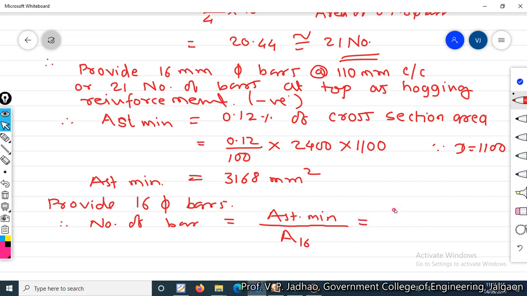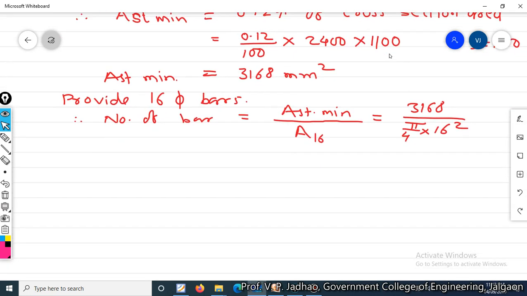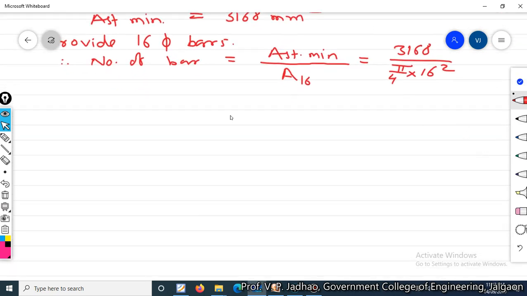So it is equal to 3168 divided by the area of one 16 mm bar, pi by 4 into 16 square, which is 201.06 mm square, and this becomes equal to 15.76 numbers.